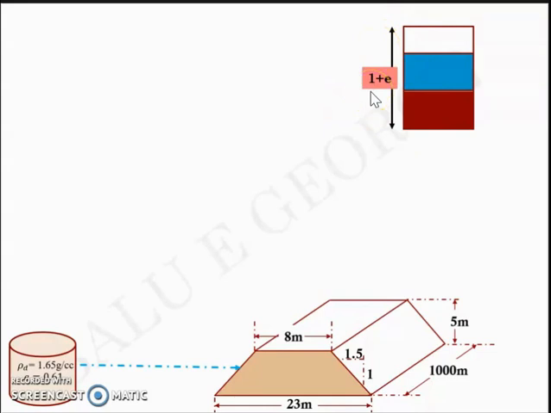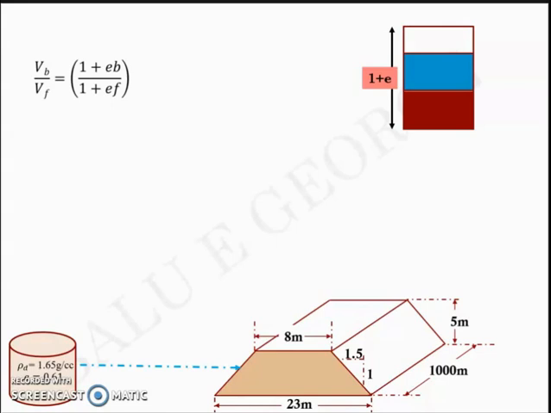You can flip back your notebooks and see these equations written there, 1 plus e. While we tried to derive a few equations, we had used this 1 plus e is equal to total volume concept, based on which I can write a relation for volume of borrow pit soil and volume of fill soil.